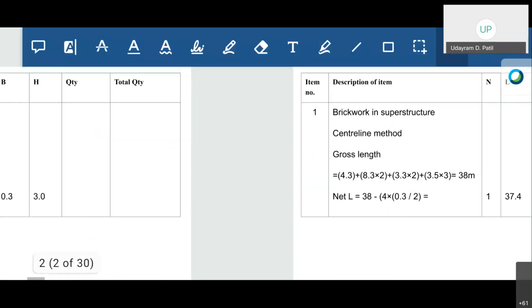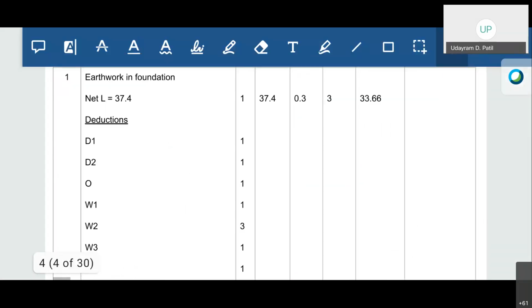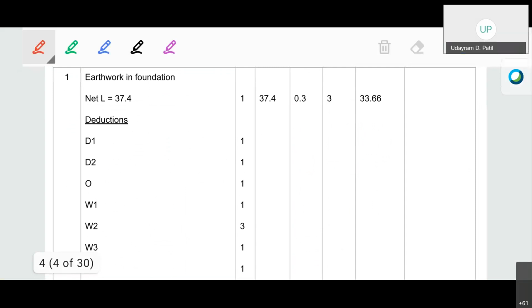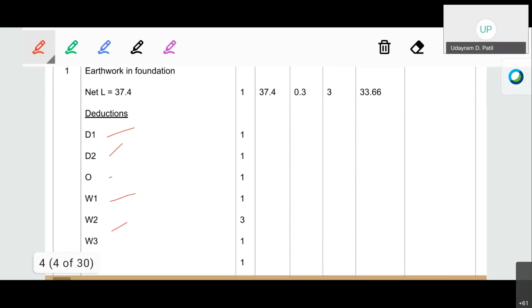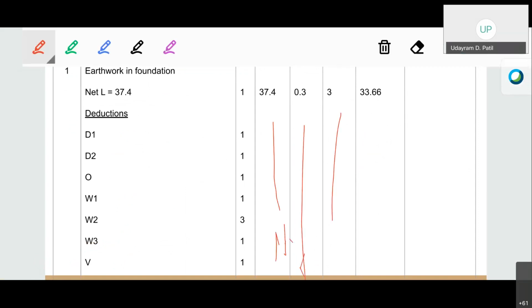Therefore the deduction in the brickwork will be D1, D2 opening, W1, W2, W3 as well as the ventilator. So again take the length of the particular opening multiplied with the width and multiplied with the height. Calculate the deductions for each.